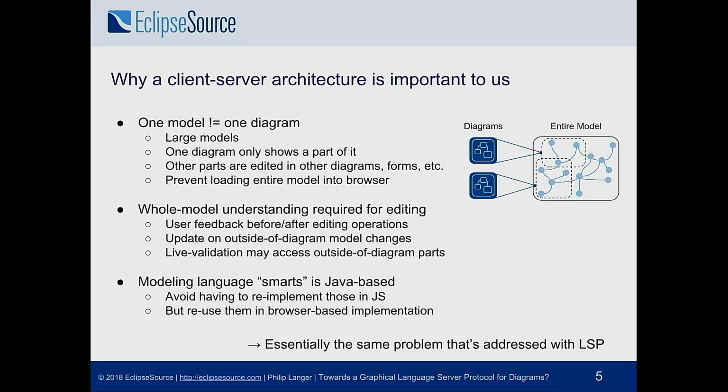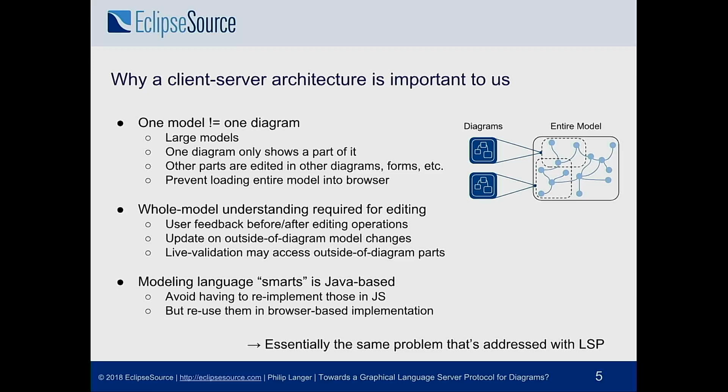The second one is that we would like to encapsulate the modeling language smarts, so the know-how, the deep understanding of the modeling language, in a Java-based component. There are usually two reasons. Either you already have it implemented in Java, so you don't want to re-implement it in a browser-compatible language like JavaScript, or you want to reuse all these different frameworks that exist, for instance the Eclipse Modeling Framework, so you don't want to reinvent that just to be able to interact nicely with a browser.